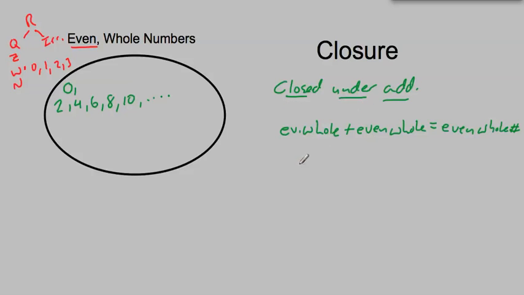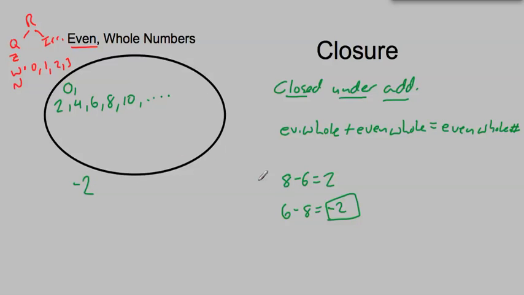Well, let's try subtraction. That's another operator. Is it closed under subtraction? If I were to take 8 minus 6, well, that equals 2. That seems to work out pretty well. What if I took 6 minus 8, though? 6 minus 8 is negative 2. And if we look at our set over here, negative 2 falls outside my ring.